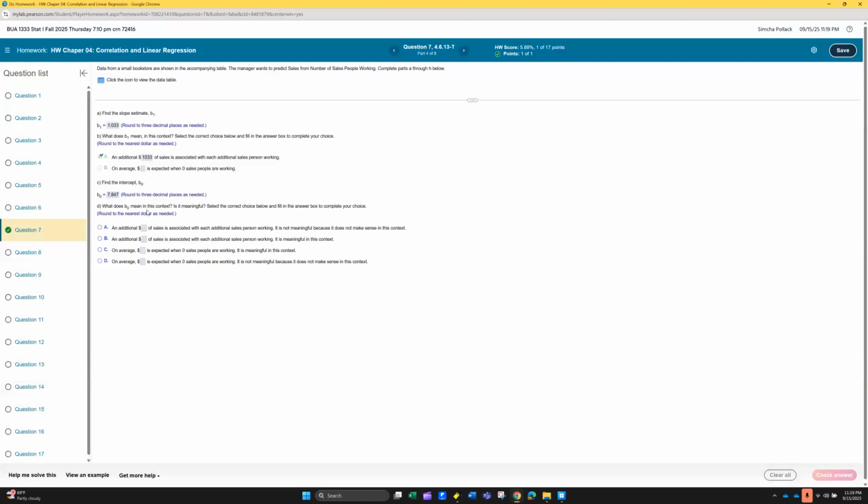Okay. How do you interpret the B0? Is it meaningful? Well, one could argue it is meaningful. I mean, if you have zero salespeople, you're still going to get some sales because of the internet or online, etc. But I looked at the book's answer. The book is old-fashioned, and they said it's not meaningful because if you have zero salespeople, you can't make any sales.